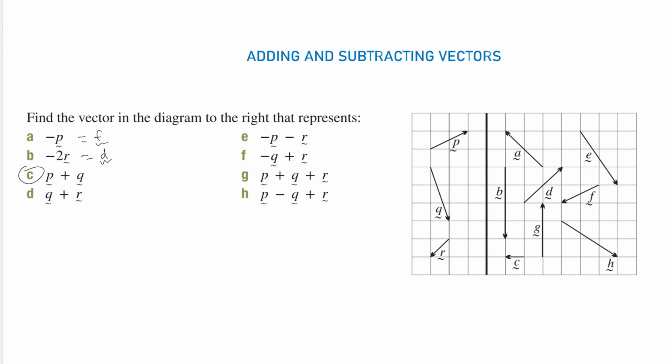We need to shift P or Q so that they are head to tail and head to tail, so that the bottom of Q, if we do Q plus P, must meet the tail of P. So the head of Q must meet the tail of P, or the tail of P must meet the head of Q, but for that to happen, it would go off our chart.